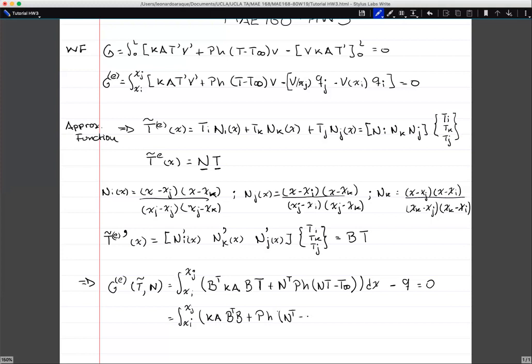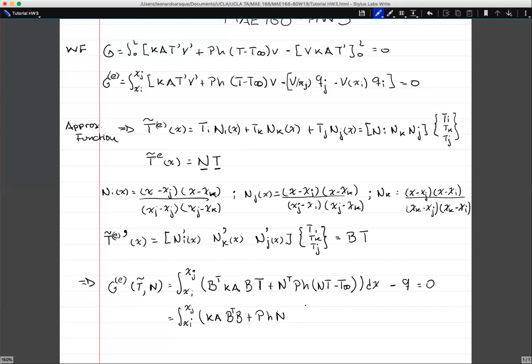And remember that you cannot pull out the terms for k and p from the integration because they are also a function of x.